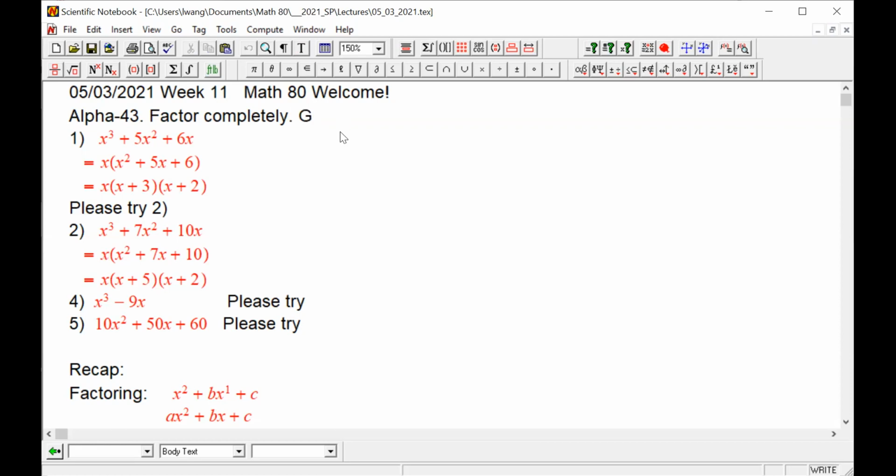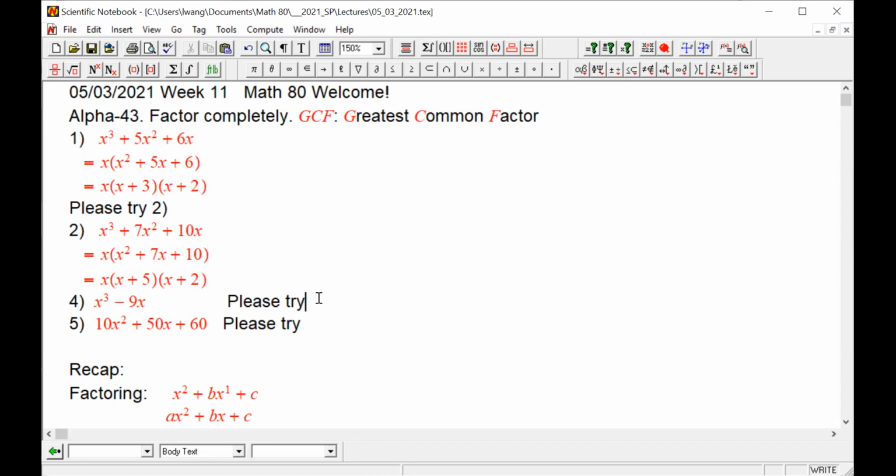GCF means greatest common factor. So the greatest common factor on number 1, number 2, happens to be x.